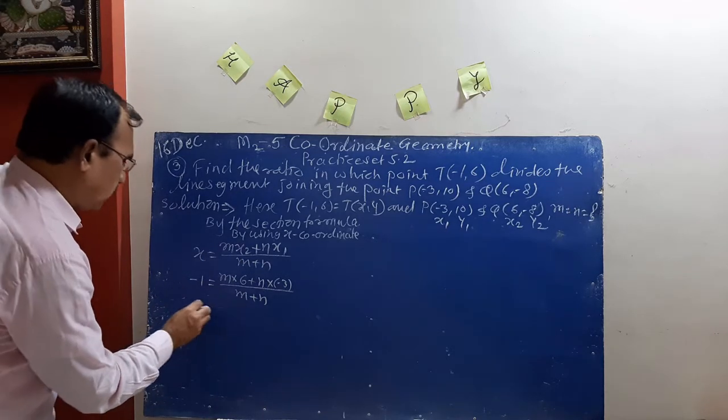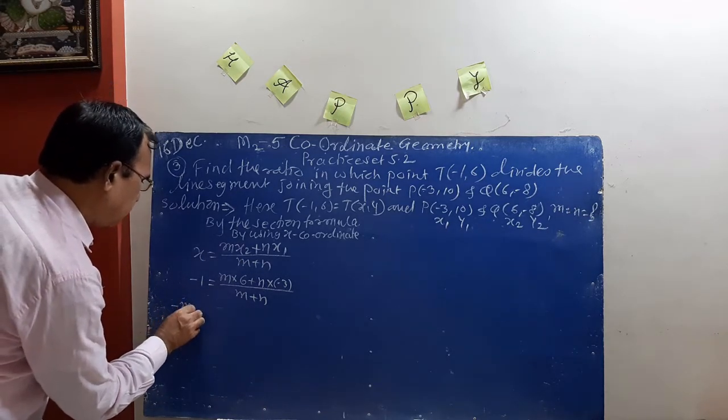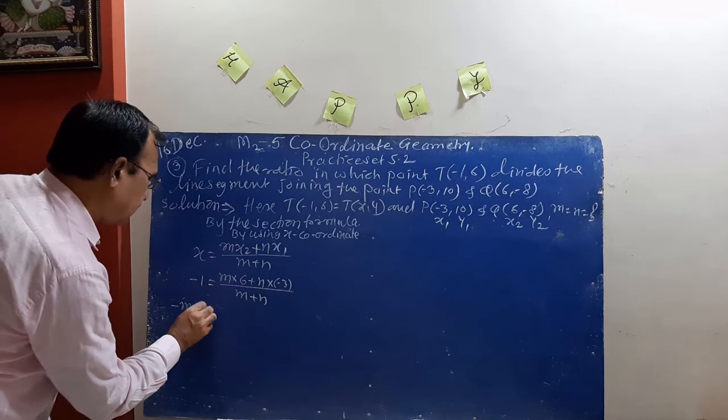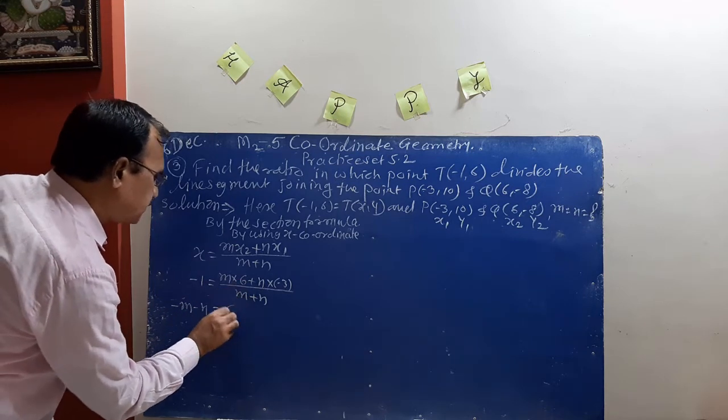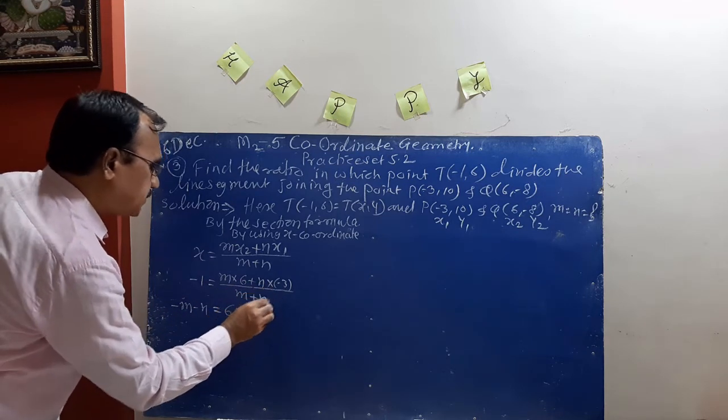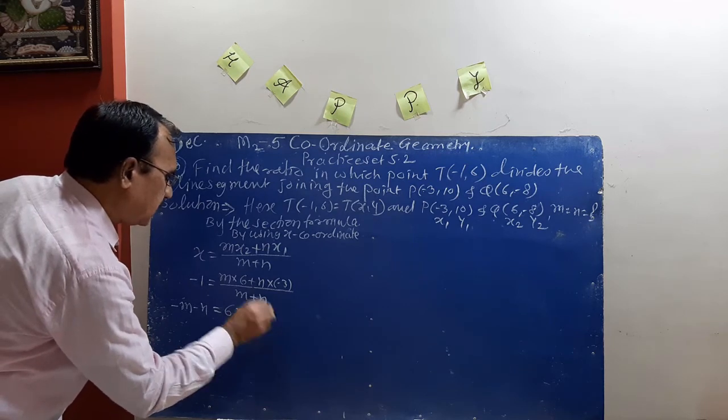Now -1 into m is -m, -1 into n is -n, is equal to 6m plus n into -3, that is -3n.